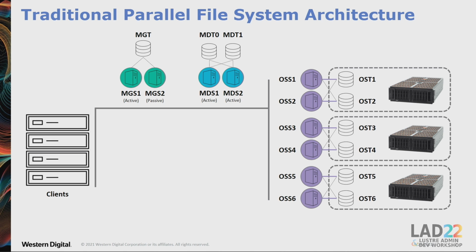The one issue you are well aware of is that in case of one OSS failure with this active-active failover architecture, you have one server taking care of the workload for both OSTs.